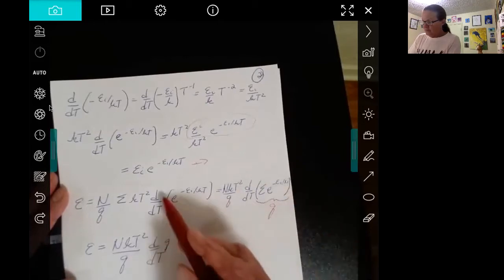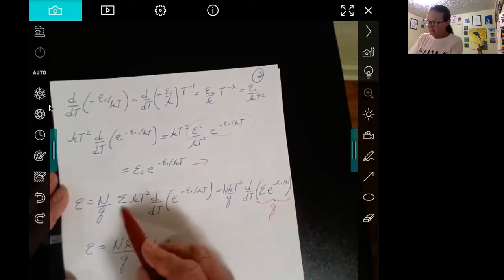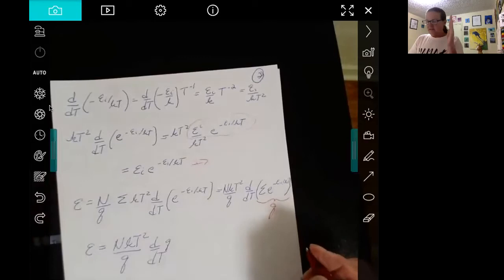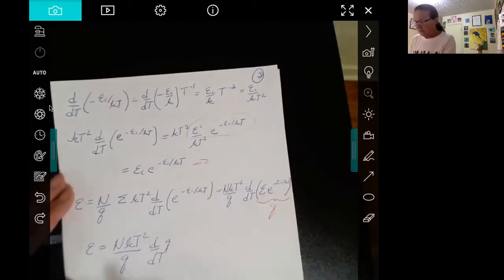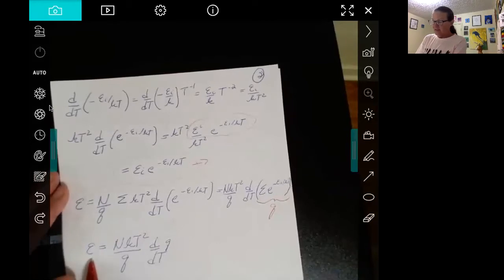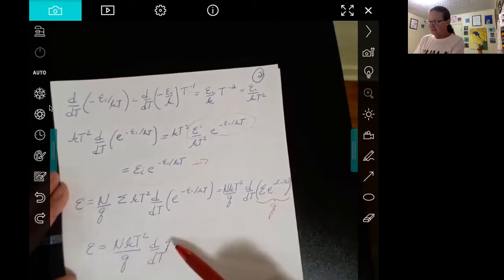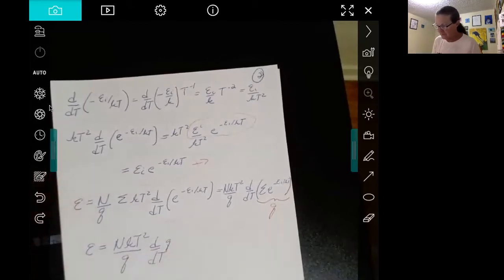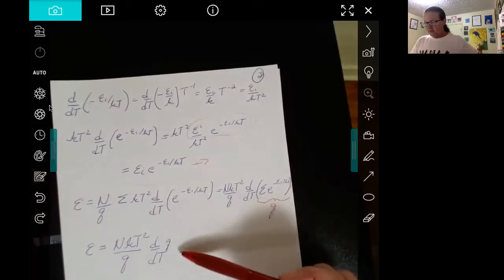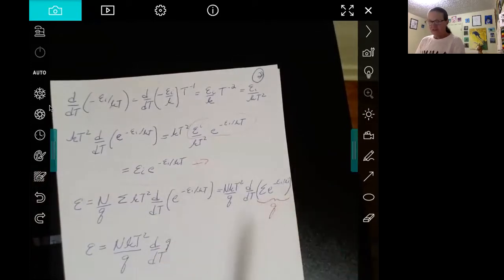So if you pull the derivative out front of the summation, we see that the internal energy is number of molecules, Boltzmann's constant, T squared over q, and then the derivative of q with respect to T. So all you need to know is q, and you can get that internal energy.